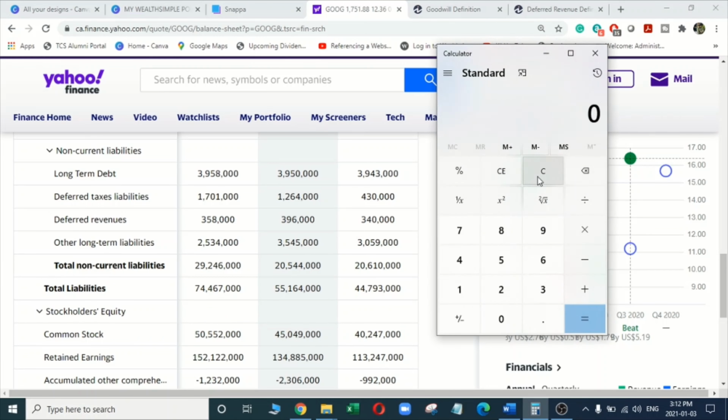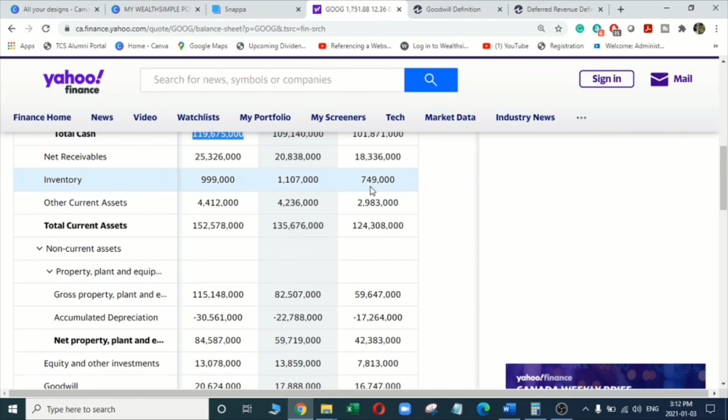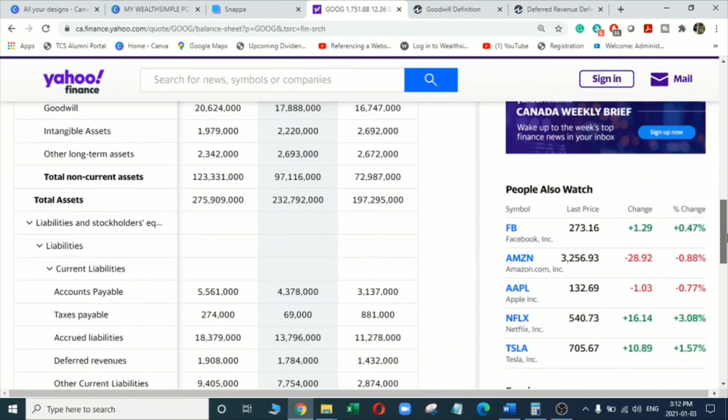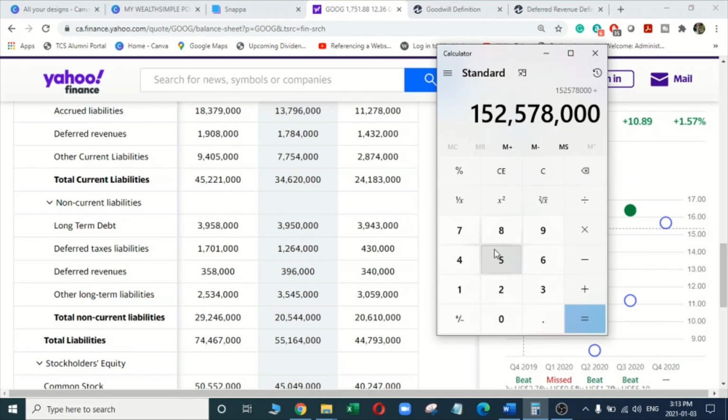Let's calculate the ratio I was talking about. So we have here current assets. We consider this term, 152,578,000, divided by, for the year 2019, the total current liabilities, that is 45,221,000.